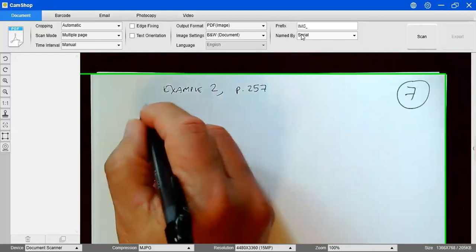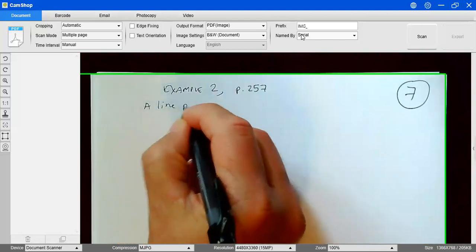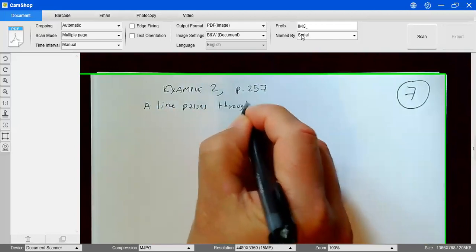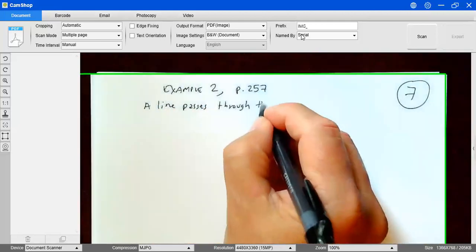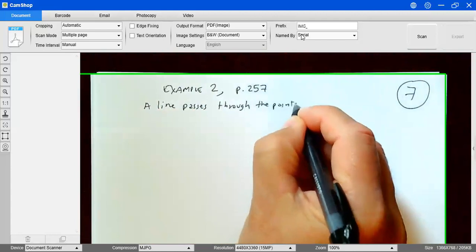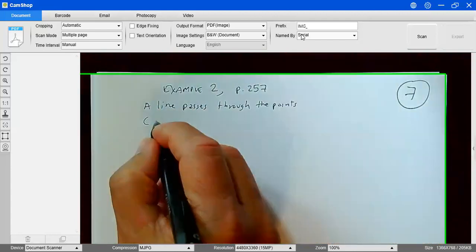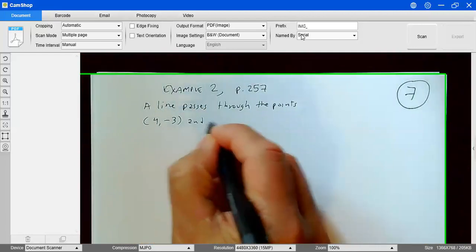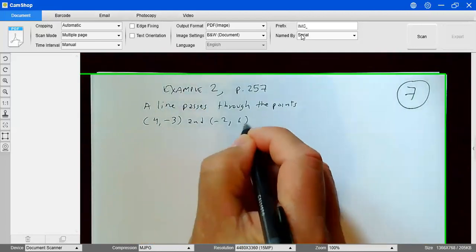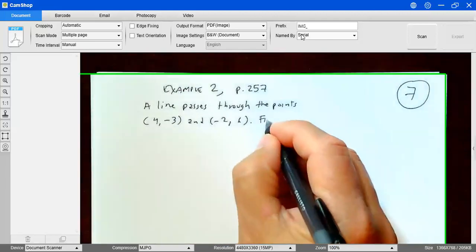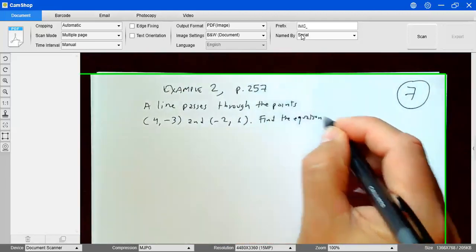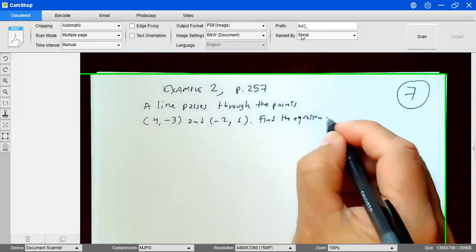A line passes through the points 4, -3 and -2,6. Find the equation of the line.